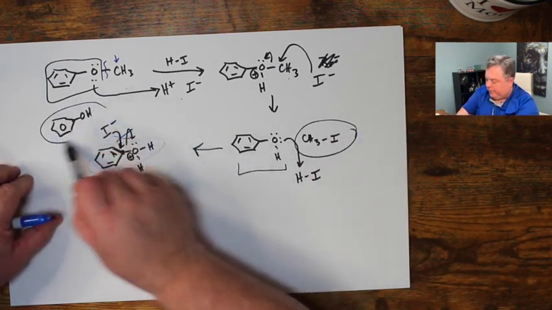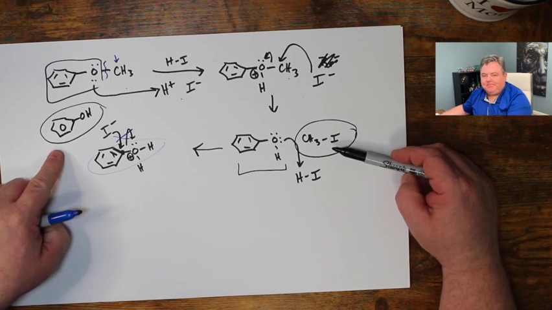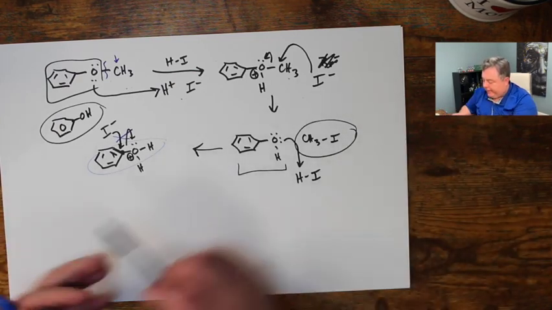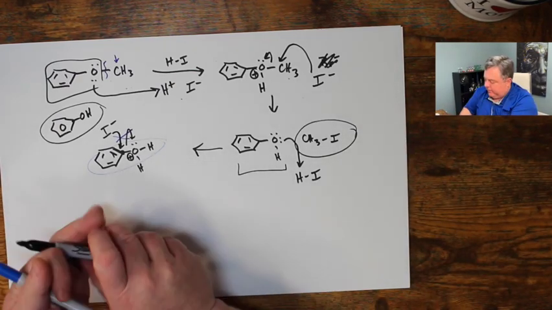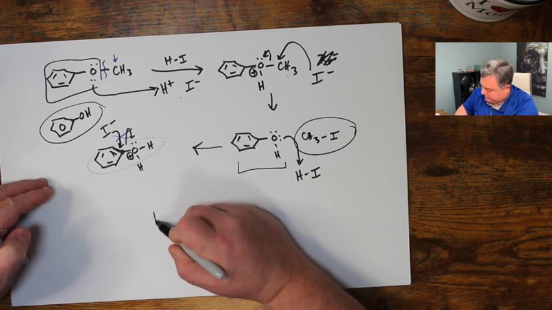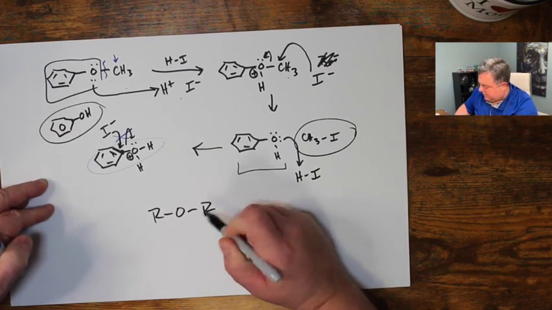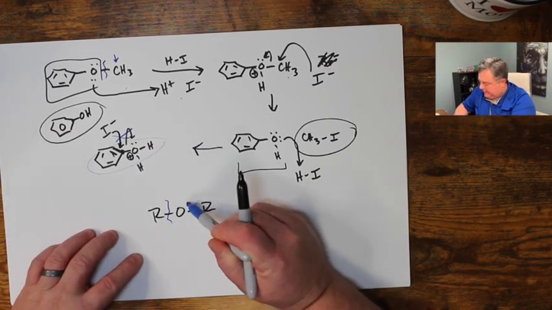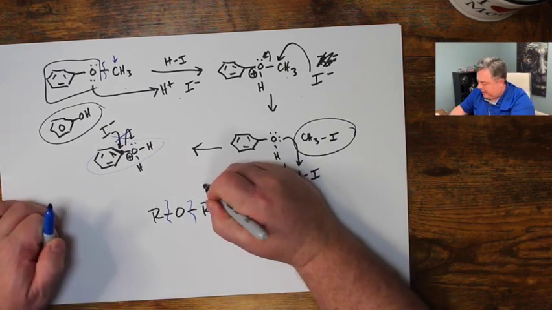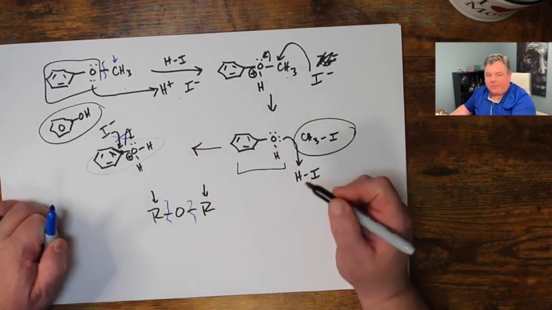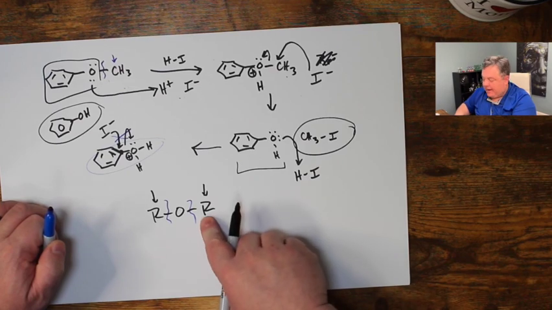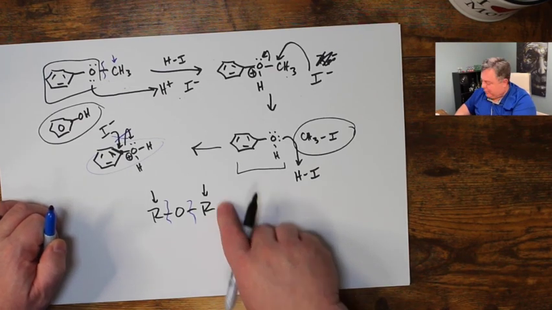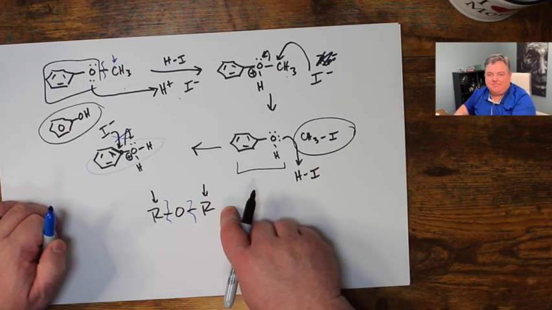So we made these two compounds when I'm done. All right, so the thing to remember is if you have an ether, we can cleave both sides and put an iodine or a bromine on those carbons, unless that carbon has a double bond. Then you end up with the alcohol.